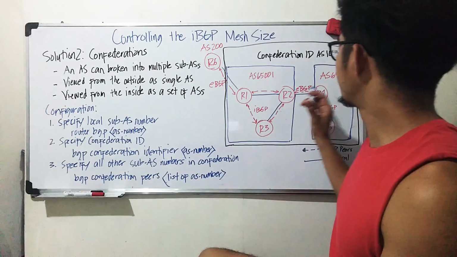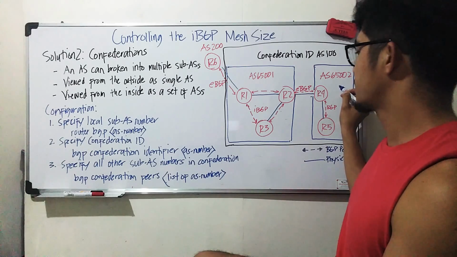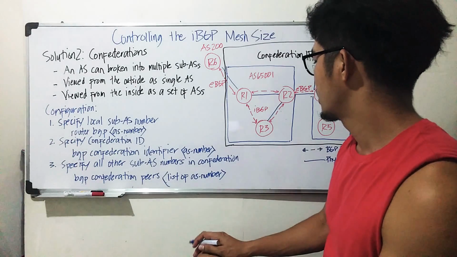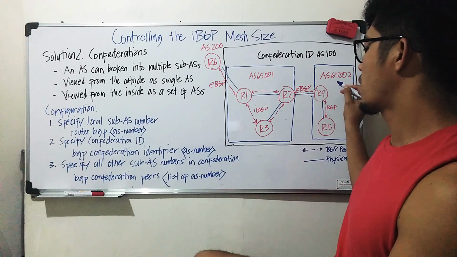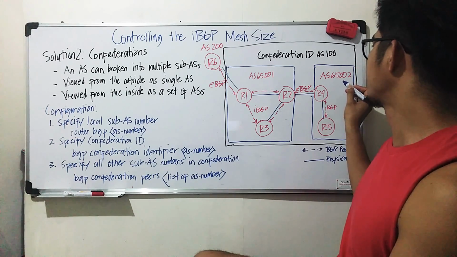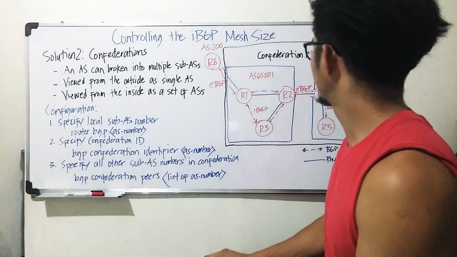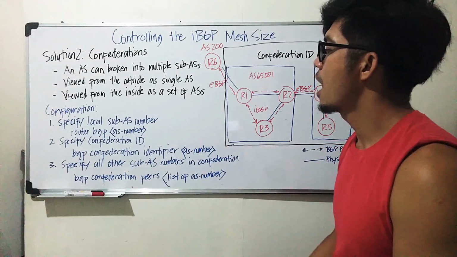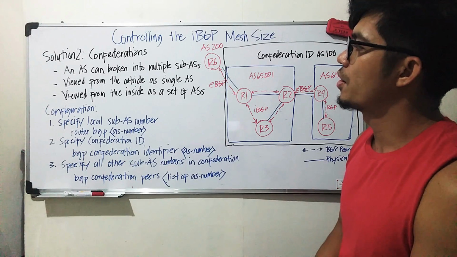It could be more than one AS number, so that's why I put here a list of AS numbers. But in this example, we just have one confederation peer, which is AS 65002. So that's how you would configure confederations.